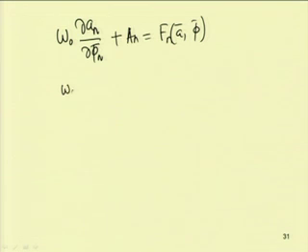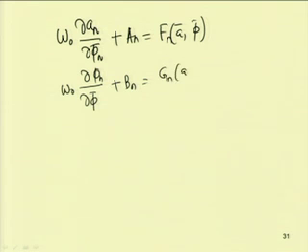Similarly, the second equation can be obtained: omega 0 del phi n by del phi bar plus B n equal to G n of A bar, phi bar.